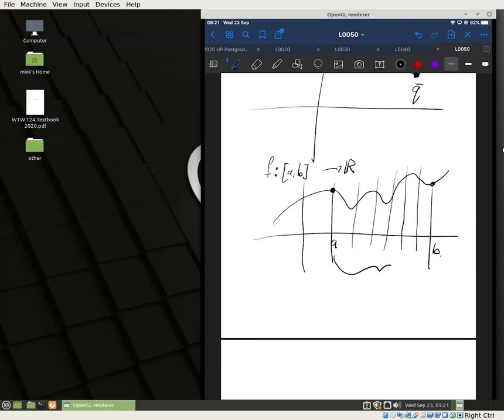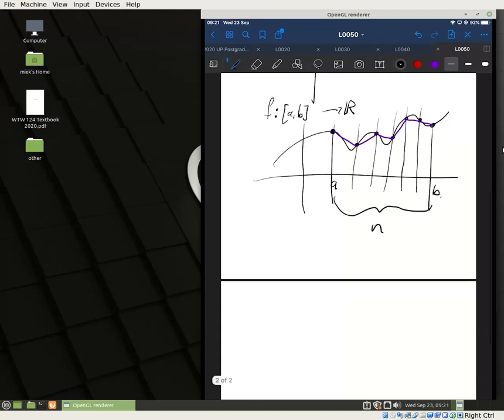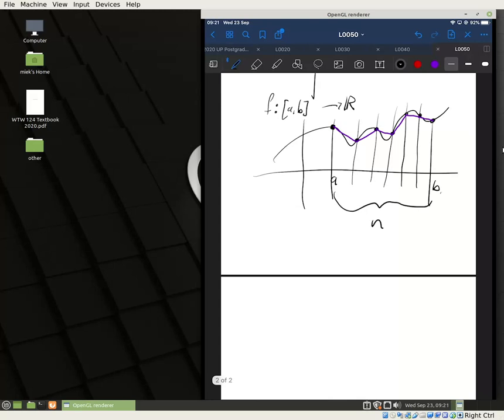So let's again subdivide our interval AB into n equal parts, and then we will look at these points here, and we will connect these points by straight line segments, and we will use the length of these straight line segments as an approximation for the length of the curve.